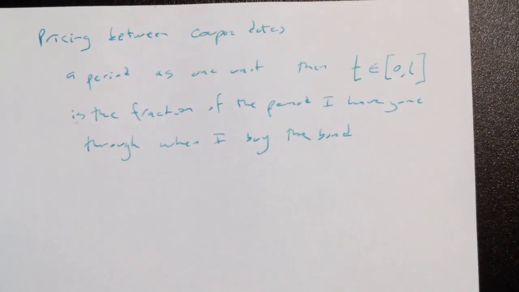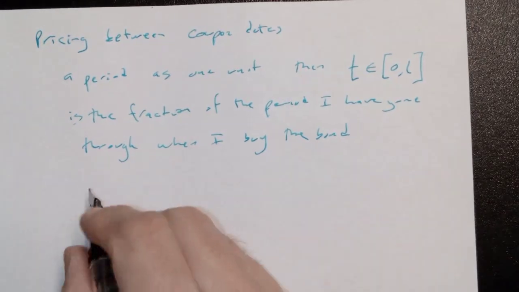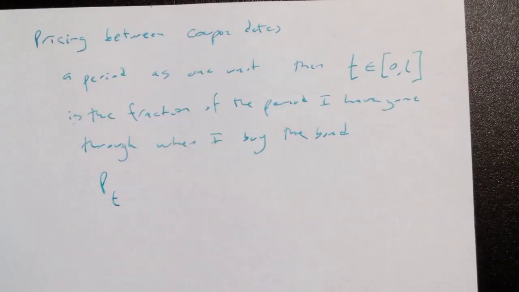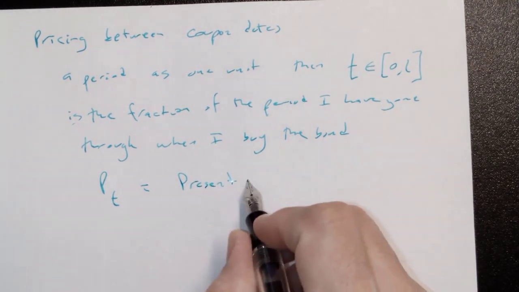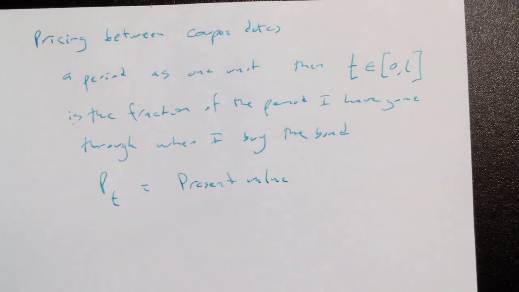And then I'm going to take my payment idea, my present value, and I'm going to adjust it for this fraction. Now, this is the present value of all the coupons and the redemption amount.